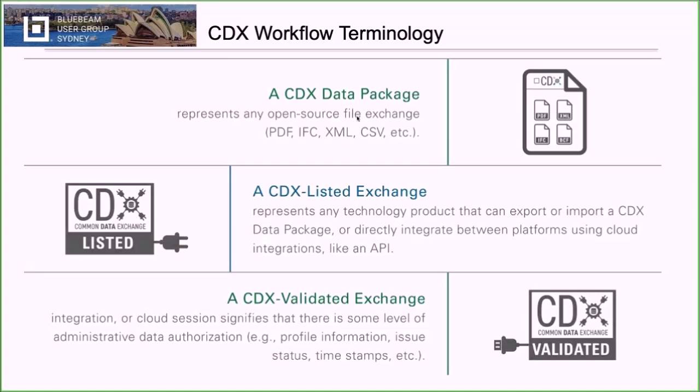Yeah, so I'll just skip through these quickly, because at the end of the day we have to understand there's a difference between a database and a data package. Data packages are deliverables that get sent between databases that can be private or public. We're going to define more of these exchanges: RFI, submittal, change order, as-built exchanges.